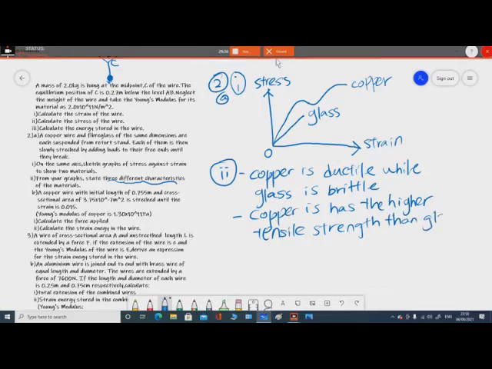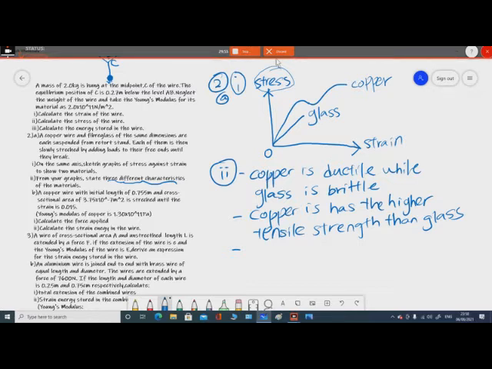This tensile strength is actually meant by the stress. So stress is tensile strength, and tensile strength is stress. Okay, so let's move on to the third property.